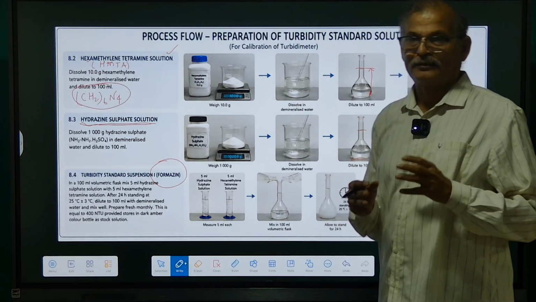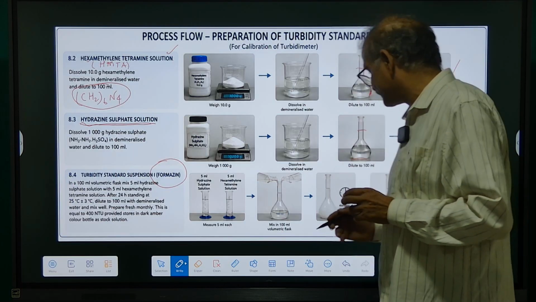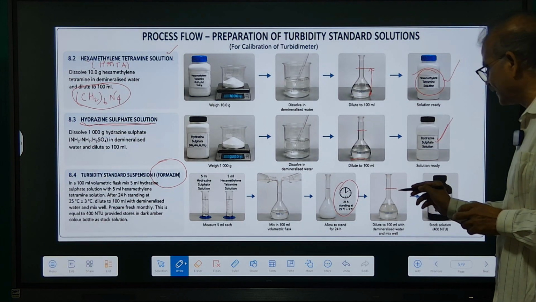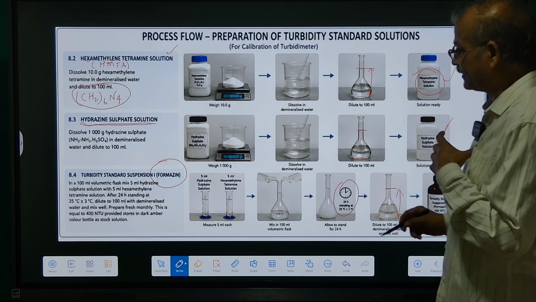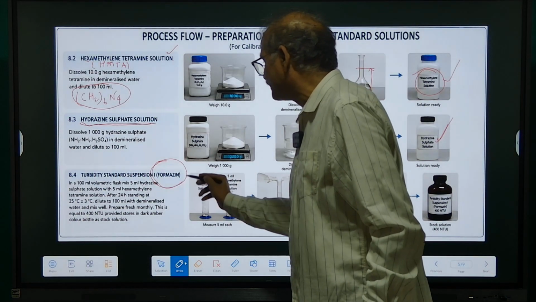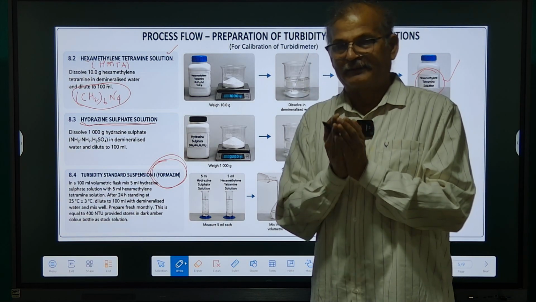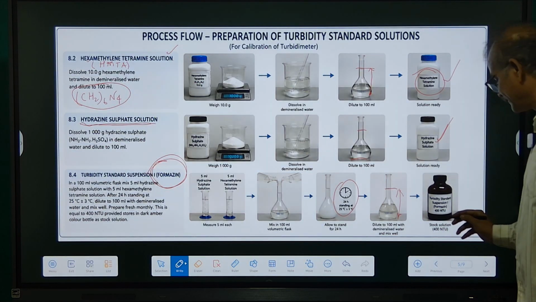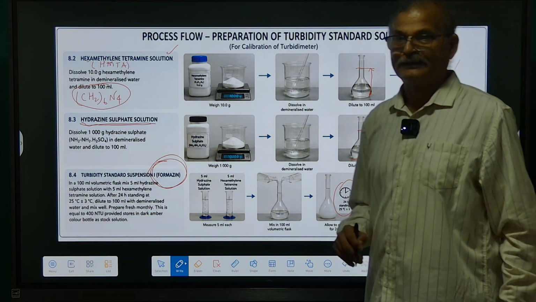Keep it for 24 hours at room temperature, that is 25 degrees plus minus 3 degrees centigrade. Then again we add distilled water to make it 100 ml. This homogeneous solution will be ready. Then we should store it, and the turbidity of this solution will be 400 NTU. This standard solution will have a turbidity of 400 NTU.